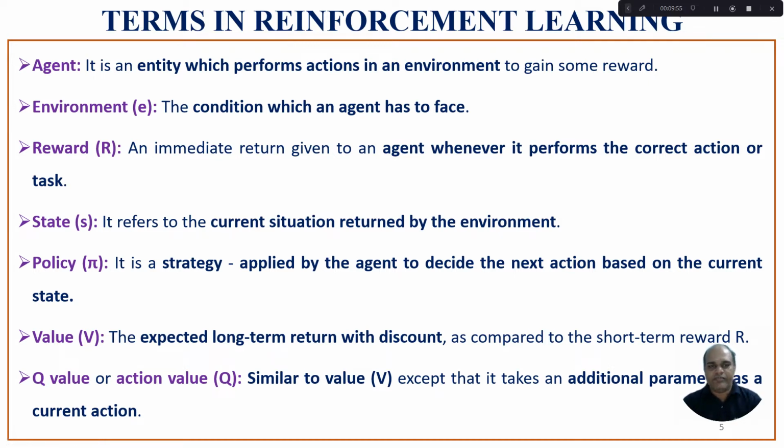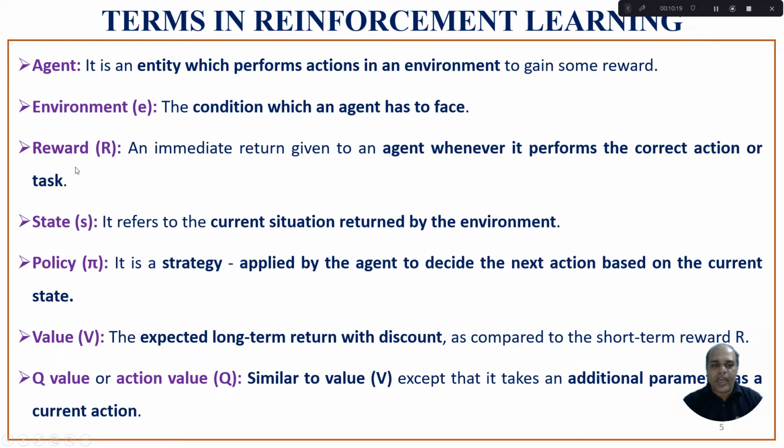So the robot is our entity or the agent. The environment is nothing but the condition which an agent has to face. So we are putting the robot in an unknown environment, right? Some obstacles or something are going to be there in the environment. That is the scenario which the agent needs to face. So that is called an environment.